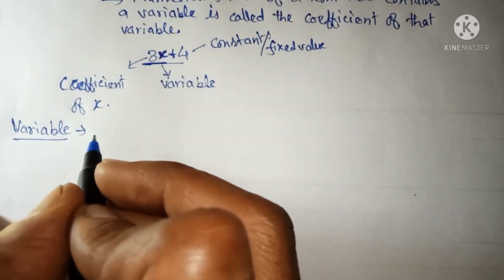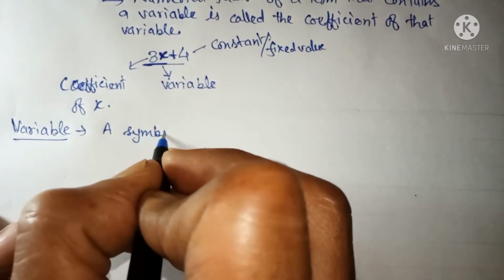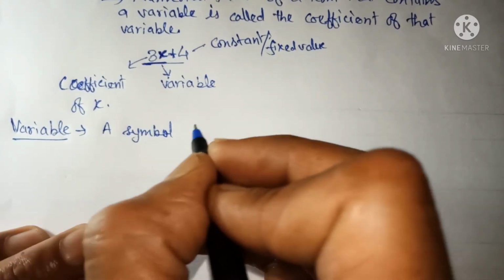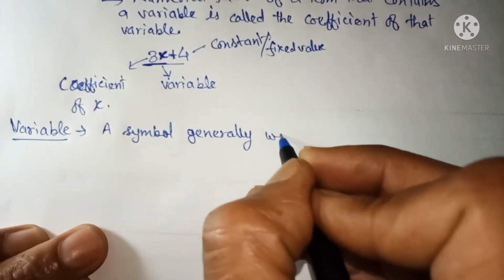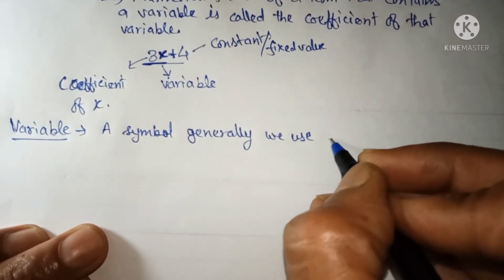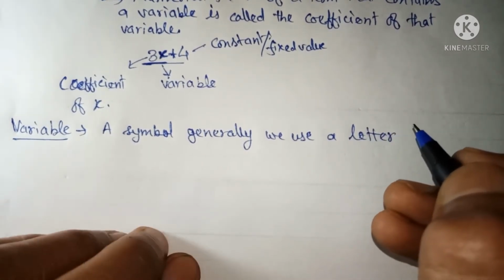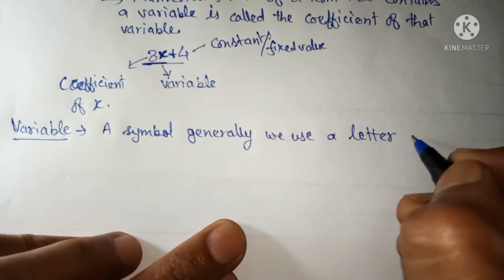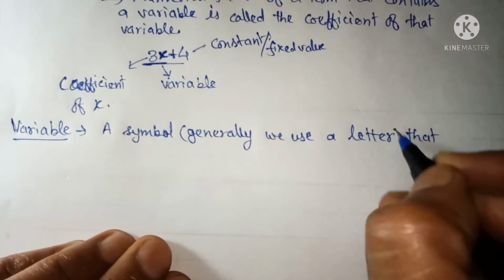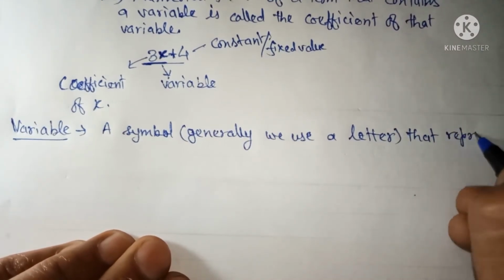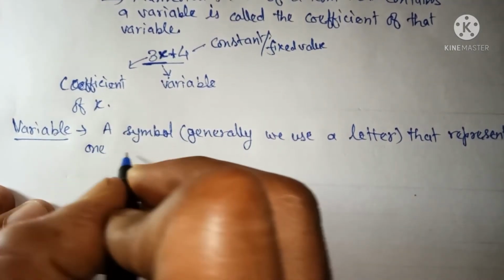A variable is a symbol, or generally we use a letter of the English alphabet, that represents one or more numbers.